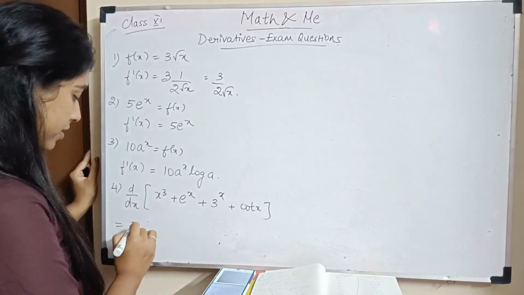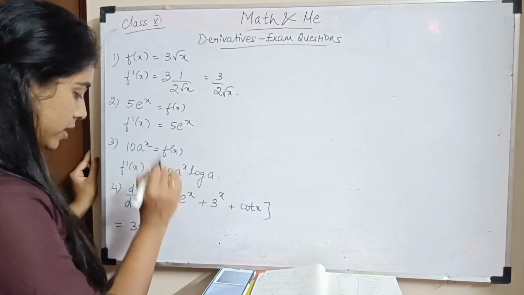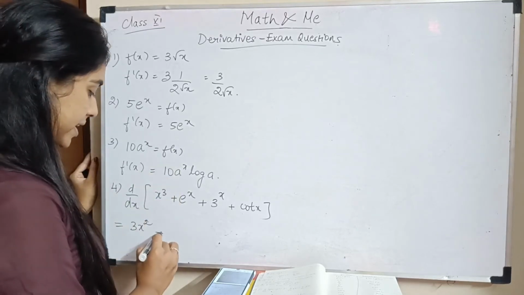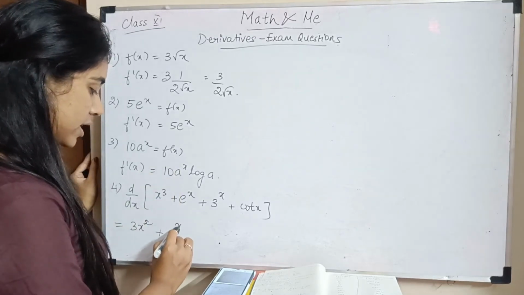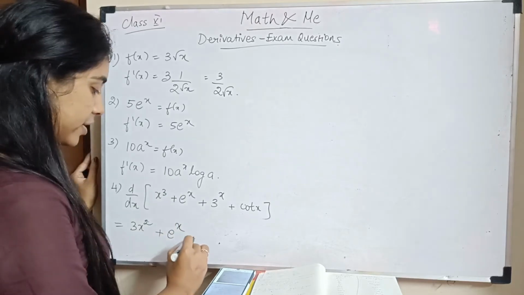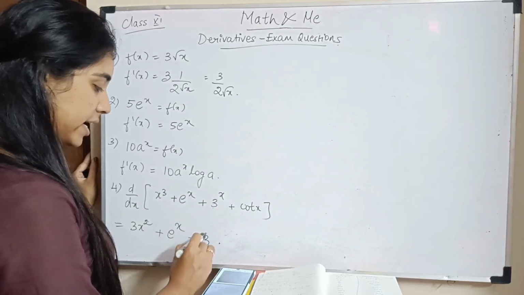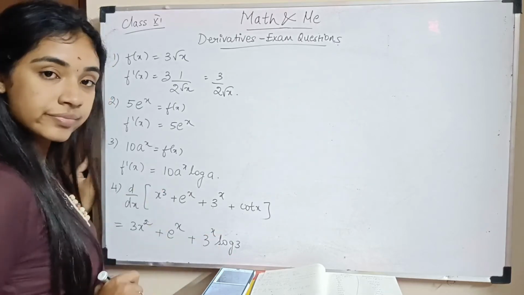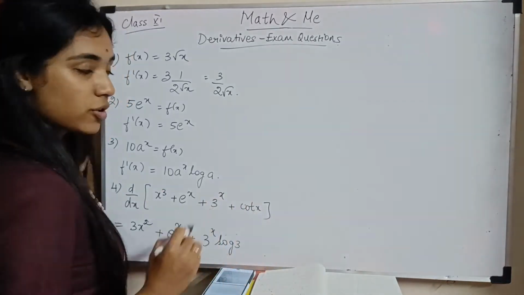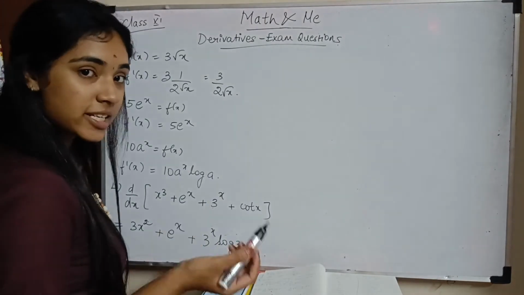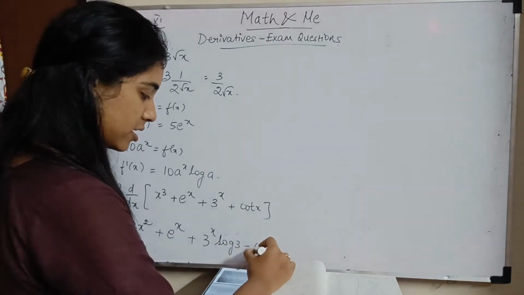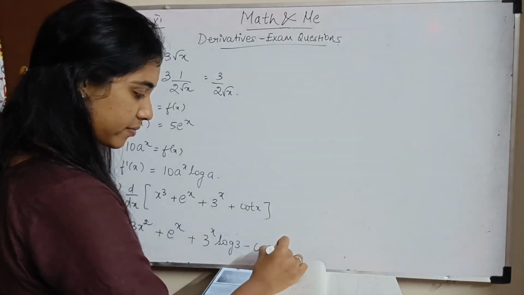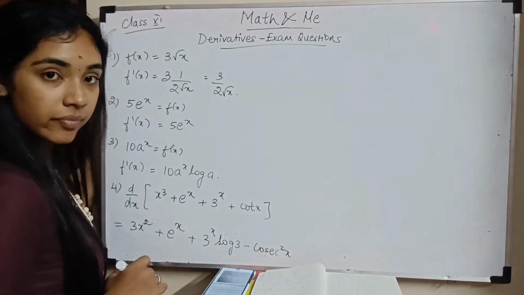So 3 பவர் கீழே வரும். x 3 minus 1 is 2. இது first term. Second term, derivative of e to the x is e to the x itself. Derivative of a to the x enna? A to the x log a. Plus cot x or derivative is minus cosecant square x. So minus cosecant square x. Okay?